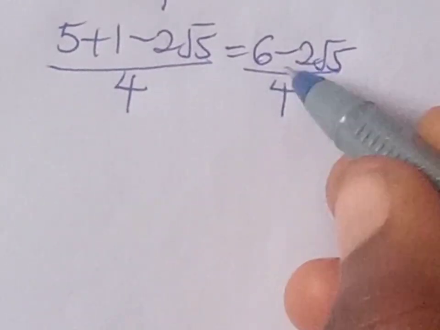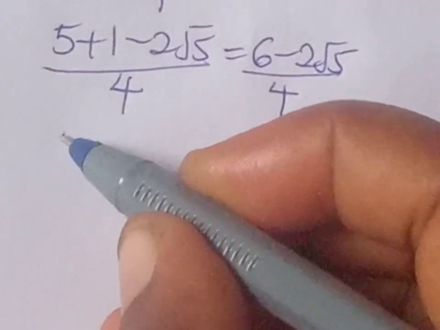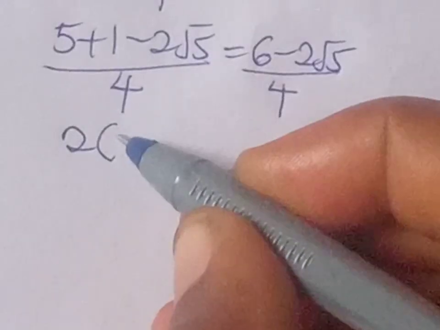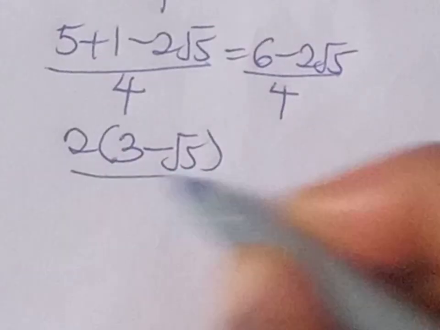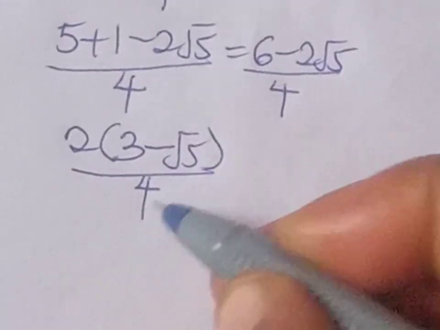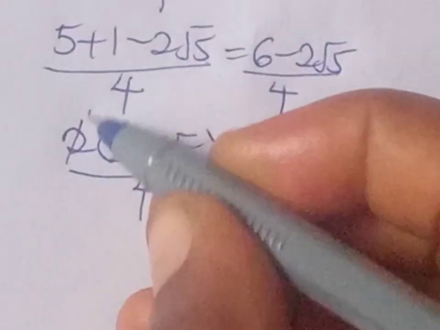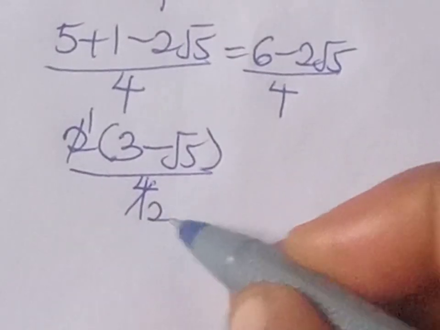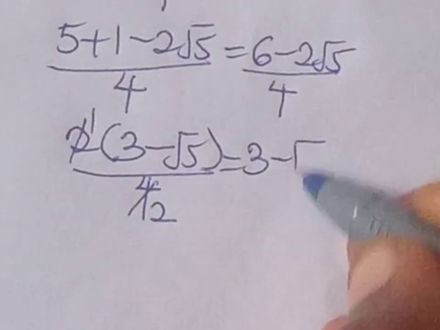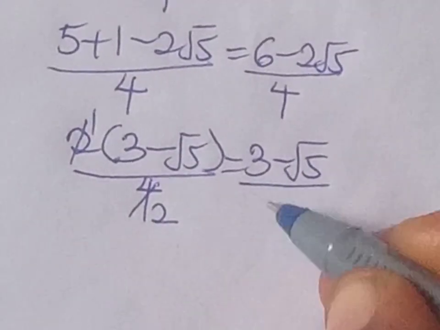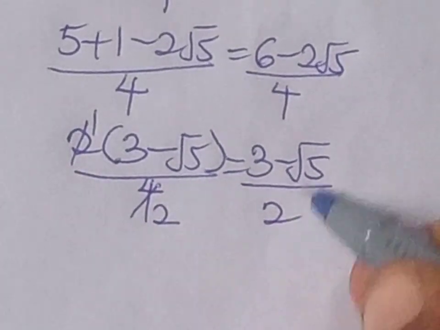Let's factor, which will give us 2 multiplied by 3 minus root 5 divided by 4. 2 in 2, 1. 2 in 4, 2. So we are left with 3 minus root 5 divided by 2, which is our x square.